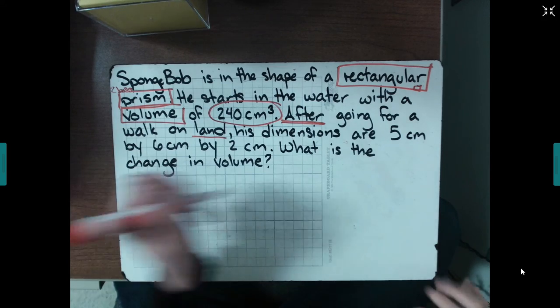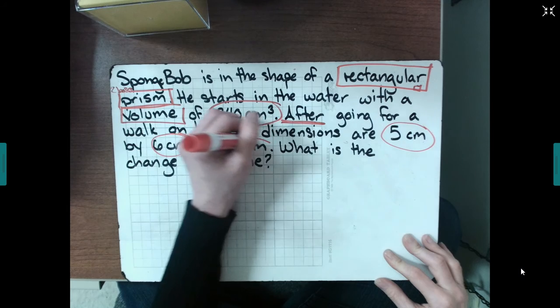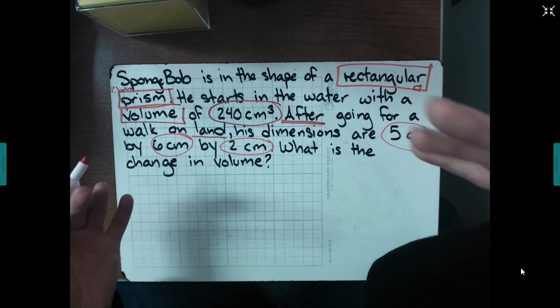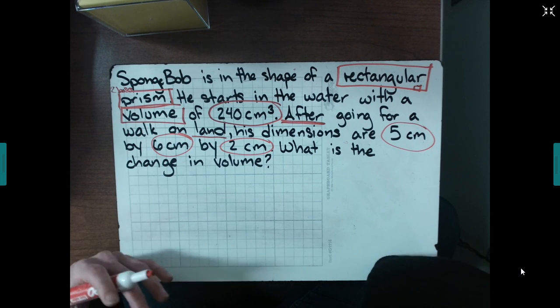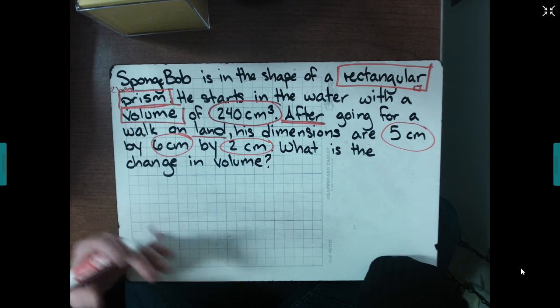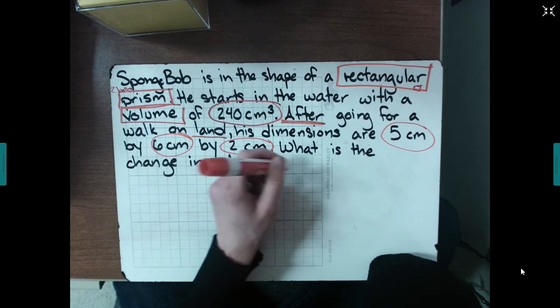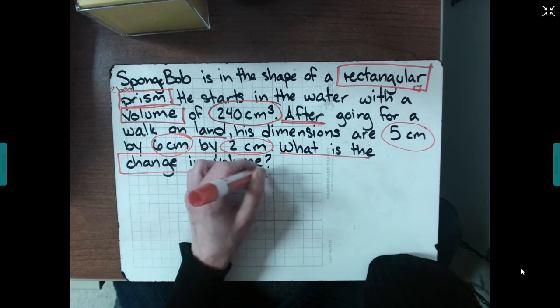His dimensions are 5 centimeters by 6 centimeters by 2 centimeters. If he was in water and then went on land and dried up, I'm thinking that his sponge got smaller because it dried up, but we'll find out, right? And then we're wondering, what is the change in volume?